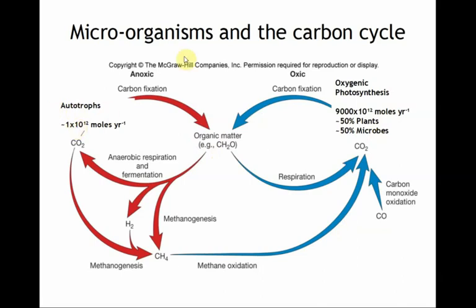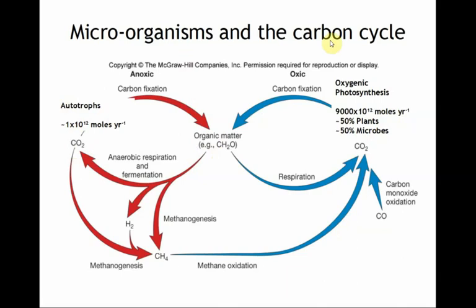So the amount of CO2 that can be fixed by chemolithotrophs is very, very small compared to what can be fixed by photosynthesis. So it's almost like 10,000 times less.